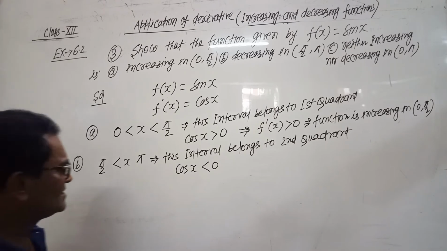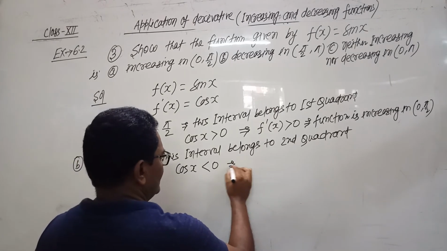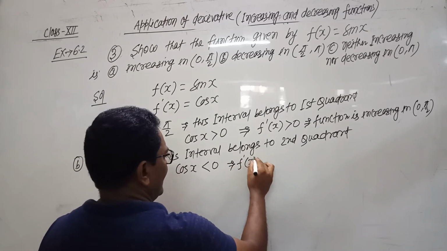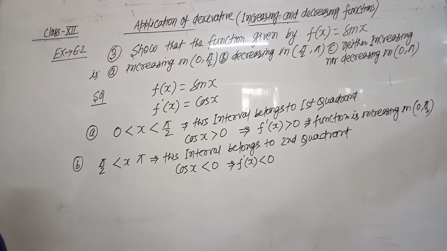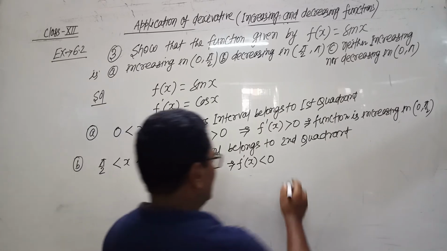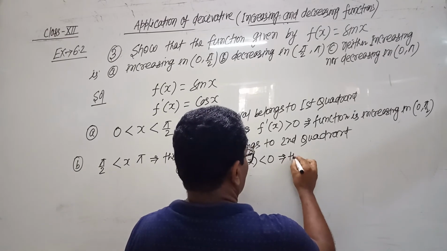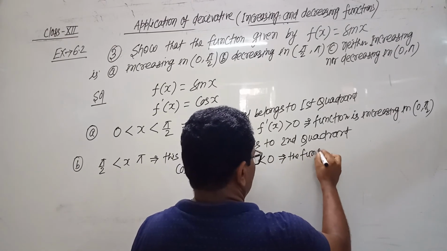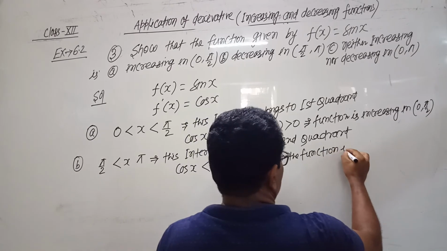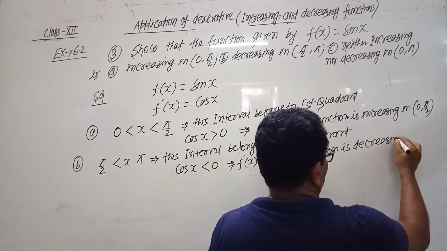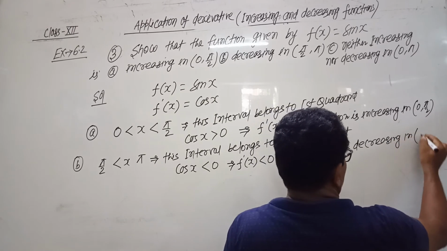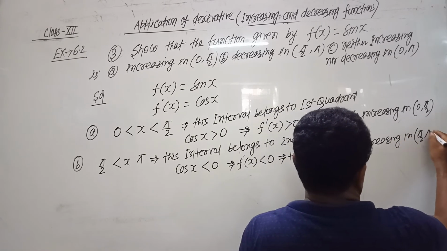So if cos x is less than 0, this implies f dash x is less than 0. And if f dash x is less than 0, this implies the function is decreasing in the interval pi by 2 to pi.